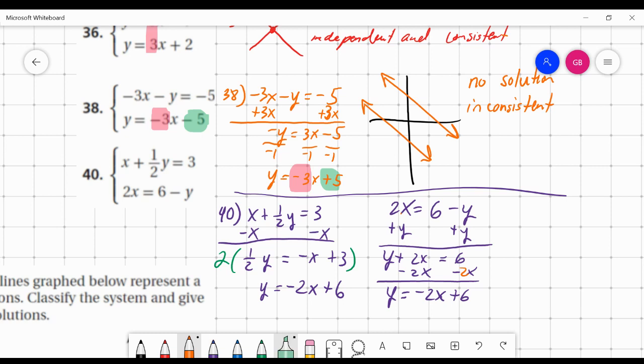Okay, notice we have the same slope and the same y-intercept. So again, we have the exact same line. So this one is going to be infinite solutions, consistent, and dependent.